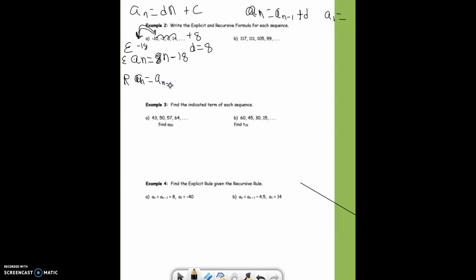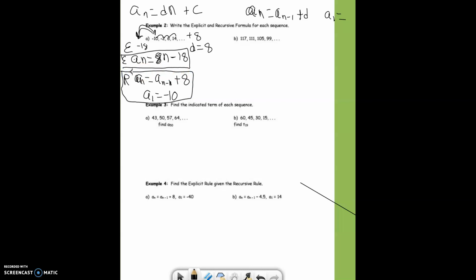All we have to do is put the difference, which is a positive 8. And you always want to tell what the first term is. So the first term is going to be negative 10. And we're done. So this is my explicit formula, and this is my recursive formula.